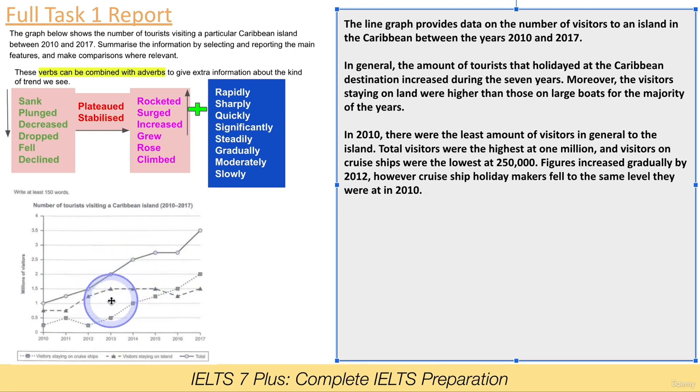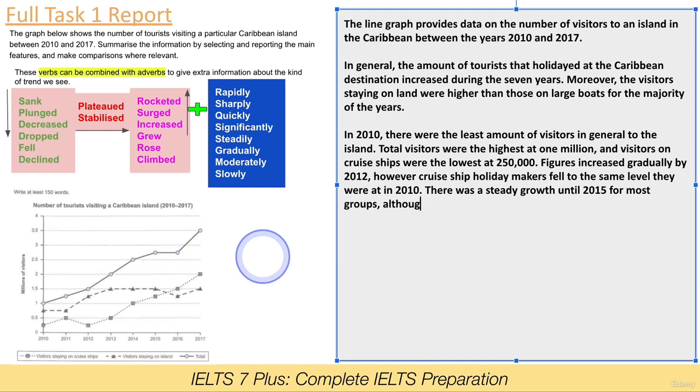However, from the years 2013 to 2015, on the island visitors plateaued. They stayed the same. There was a steady growth until 2015 for most groups, 2 out of the 3.